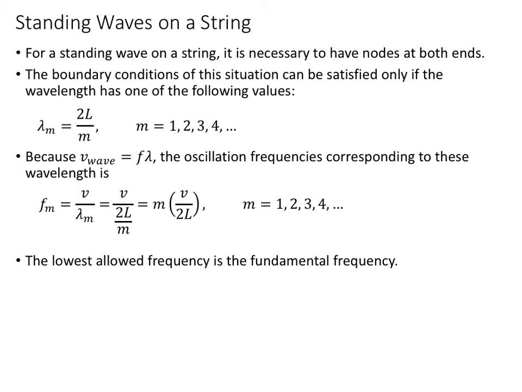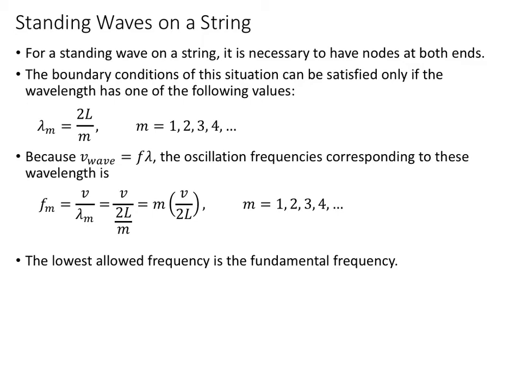So standing waves are really a fundamental idea behind how a lot of musical instruments work. So for instance, let's take the whole family of string instruments. What you're doing is you have string tied down at the two ends, and then you oscillate the string somehow, either by plucking it or by bowing it, and then cause it to vibrate, which causes the air around it to vibrate, and that makes a sound.